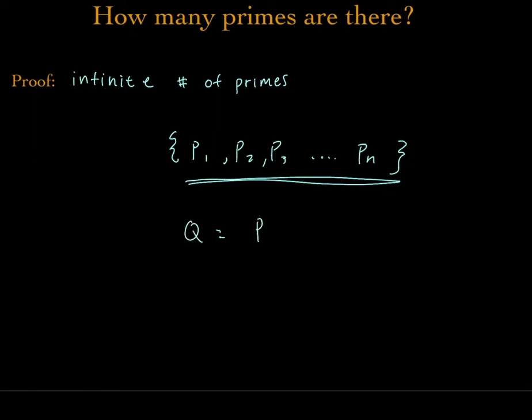The value of q is p1 times prime 2, and so on, the multiplication of all of these primes in our list. So basically, q is a composite number, and its divisors are only the primes from this list. Prime 1 divides it, prime 2, prime 3, prime n will divide q perfectly. And these are the only numbers.